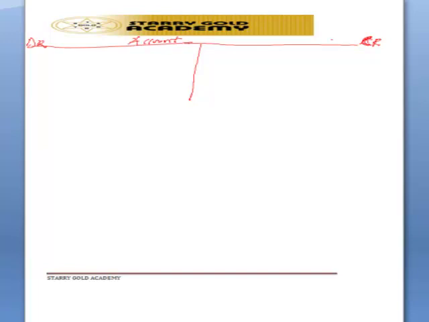So an account is a ledger. The right hand side is known as the credit side, and the left hand side is known as the debit side. So each account is divided into two halves. The left side is the debit, the right hand side is the credit.